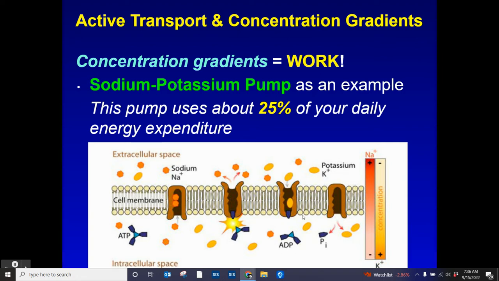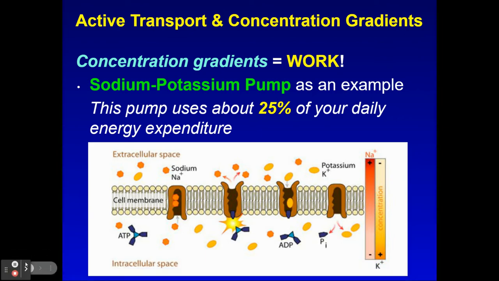What does that mean? That means the phosphate's going to fall off. When that phosphate falls off, the protein reverts back to its original shape, and moves that potassium against its concentration gradient. That's how the sodium potassium pump works. And we'll see a couple of different examples of where we use that.